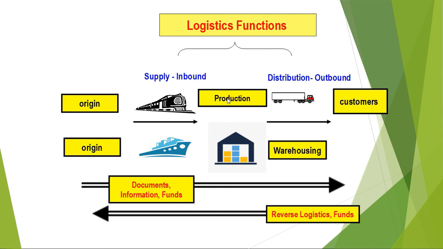Sometimes it moves by rail, sometimes by ships, and then to warehouses and then is distributed to customers. Documents should be moving in the same direction, and information should cover all these steps. All these steps should be covered by documents and information and funds also. On the other hand, reverse logistics moves in the opposite direction.